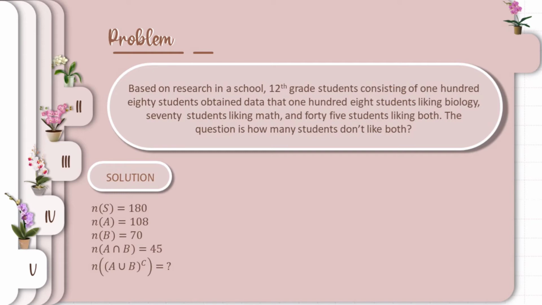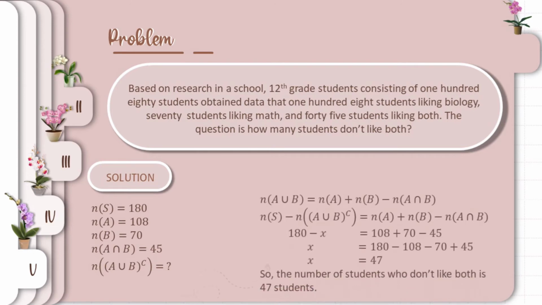And now we will find the cardinality of the complement of A union B. The formula is n(A ∪ B) = n(A) + n(B) − n(A ∩ B). The cardinality of A union B is the number of students who like biology, math, and both.